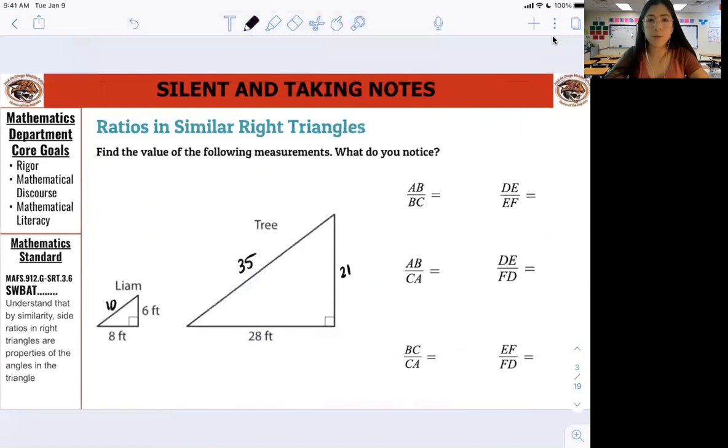Once you get an answer, you can annotate it onto the screen. Oh, and I didn't label them, hold on. A, B, C, and D, E, F. Go ahead and, using those measurements, get all of those ratios, all of those fractions.